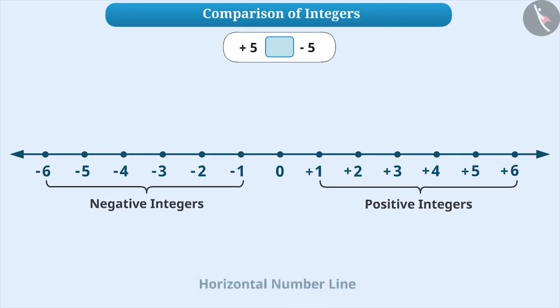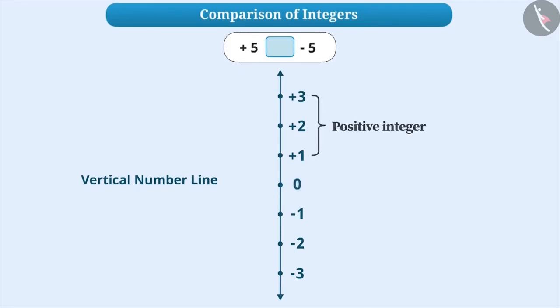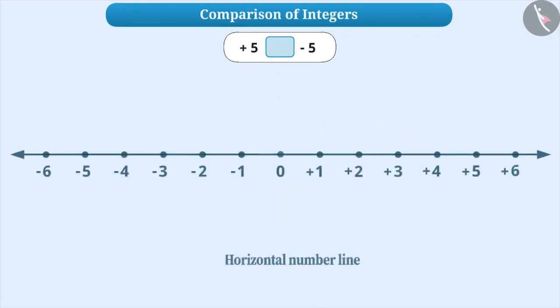Note that this is a horizontal number line. Similarly, we can obtain a vertical number line as well, where positive integers are shown upwards and negative integers downwards. In this video, we are using only a horizontal number line.